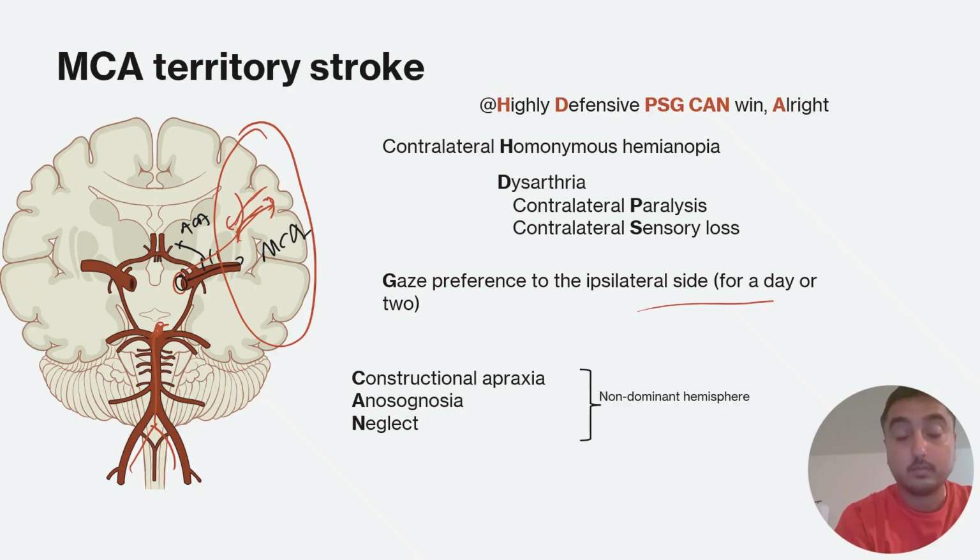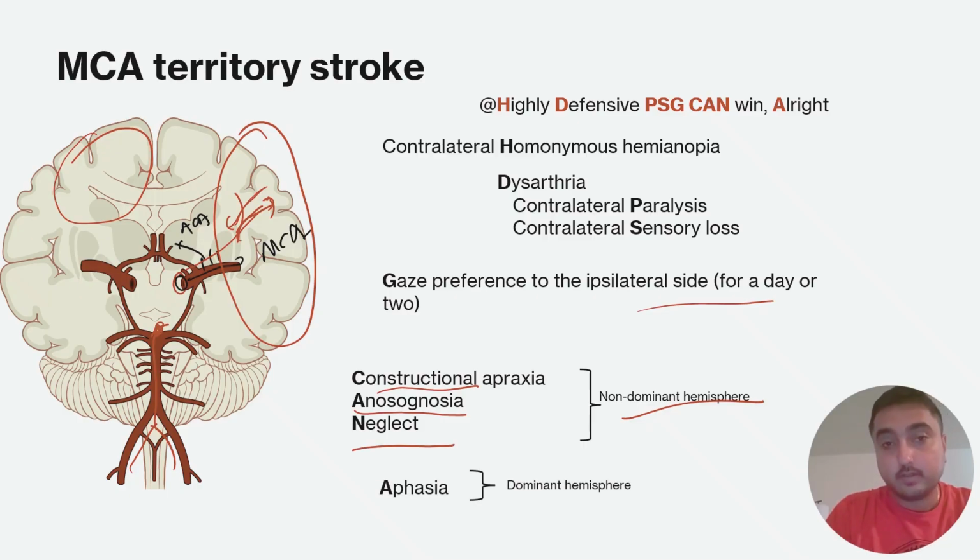If the non-dominant hemisphere is involved, so non-dominant hemisphere most of the times in a right-handed person is the right cerebral hemisphere, there will be constructional apraxia, anosognosia, and neglect.